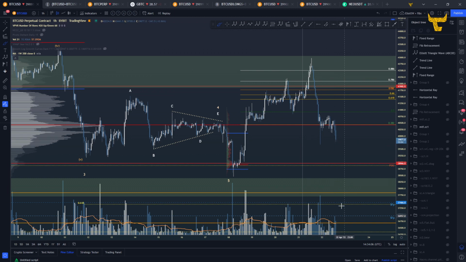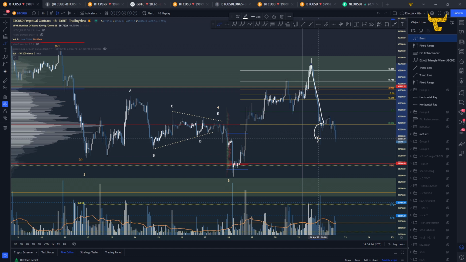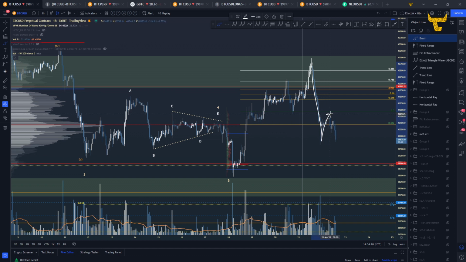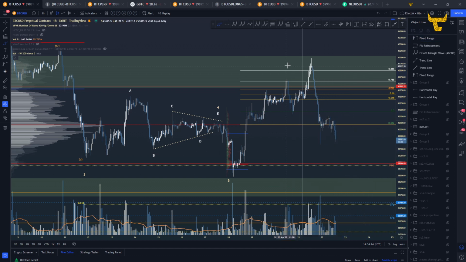But I'm not saying that it will bounce. I think we have good confluence for it. But we could really be seeing a 1-2, for example, and continue stronger down. It's always a possibility.